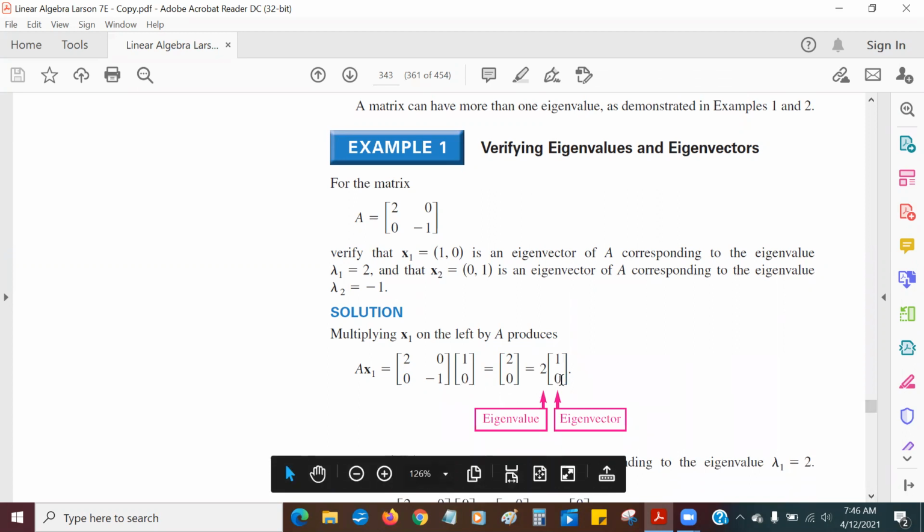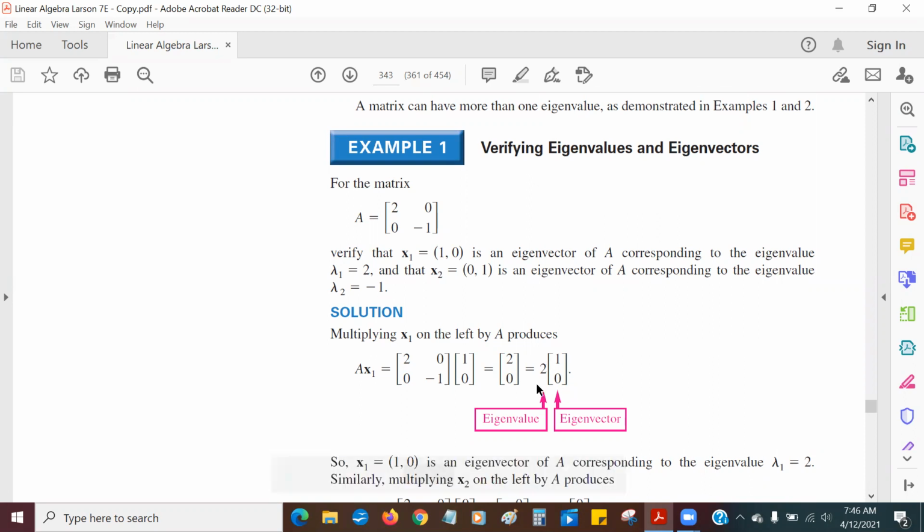That's still my vector x, 1, 0. And that 2 is the eigenvalue. So x1, the vector 1, 0, is an eigenvector of A corresponding to the eigenvalue lambda equals 2, or x1 and lambda 1.